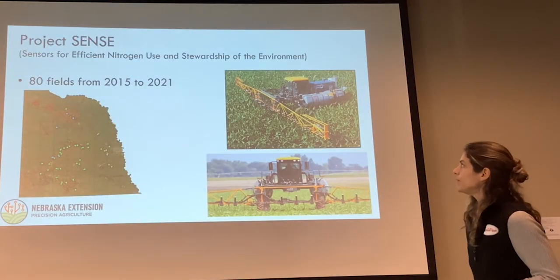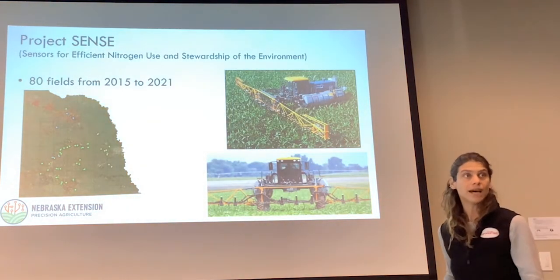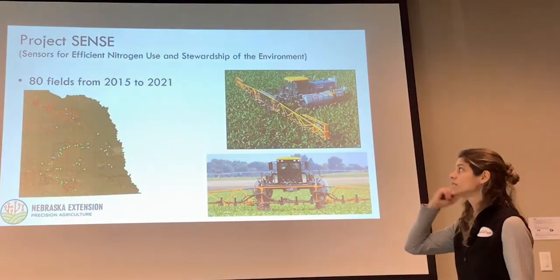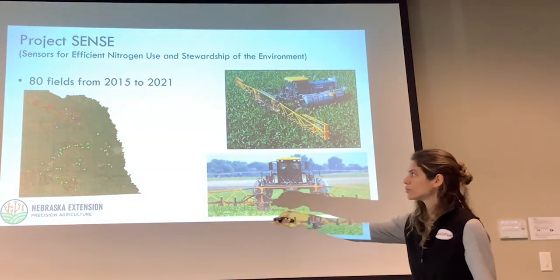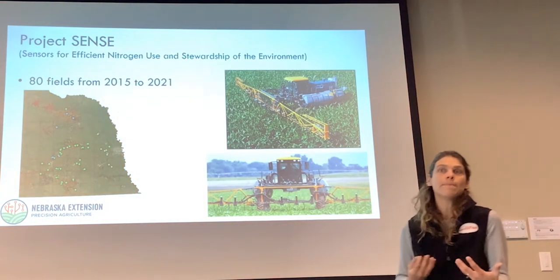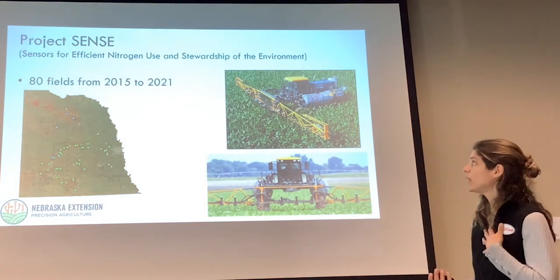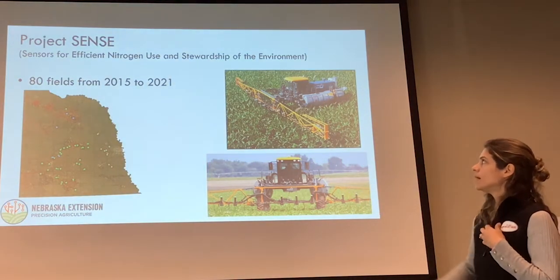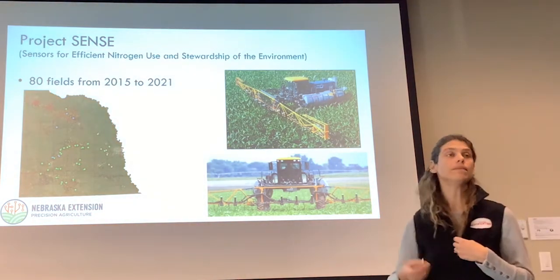So a little bit of overview here. I just want to show you the results that we compiled for the last 6 years. We work across all this area, so really the results can be extrapolated to this region as well. More than 80 fields, and the project is going to keep going.